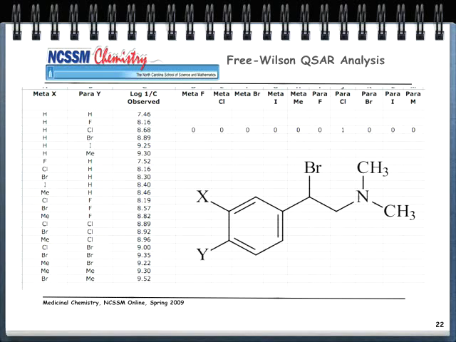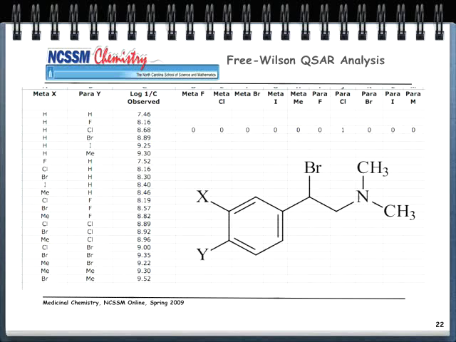I pasted in the compound so you have it in front of you. If you look at the third drug down, notice in the meta position I have a hydrogen, in the para position I have a chlorine. So what I do here is I go across. For example, look at the first column labeled meta F. The question you need to ask is, is there a fluorine in the meta position?